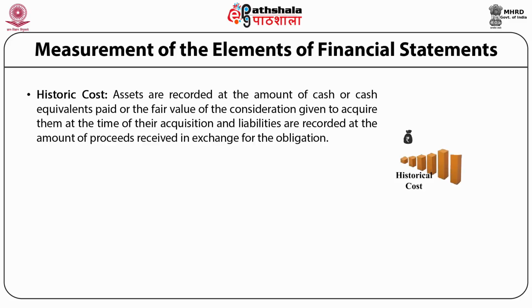So according to historic cost basis, assets should be recorded at their cost at which they are purchased, and in similar manner liabilities should be recorded at the proceeds which are received in exchange for the obligation.